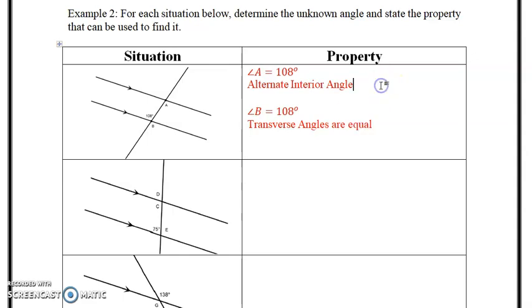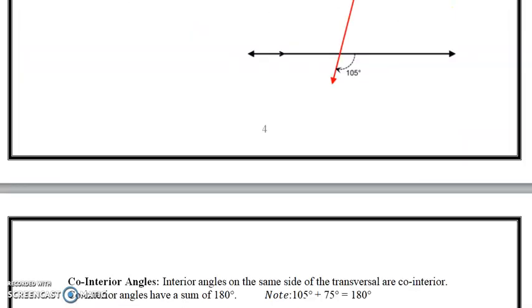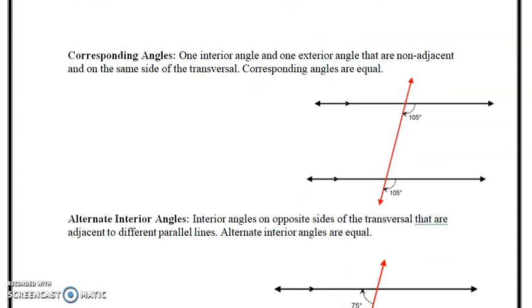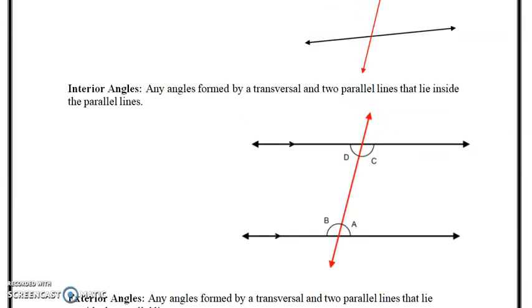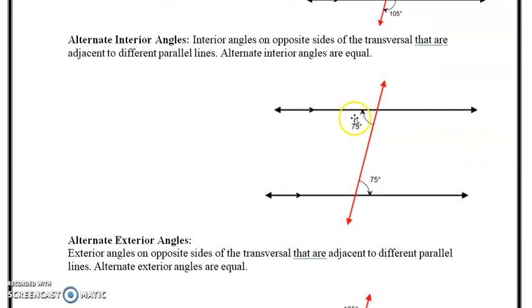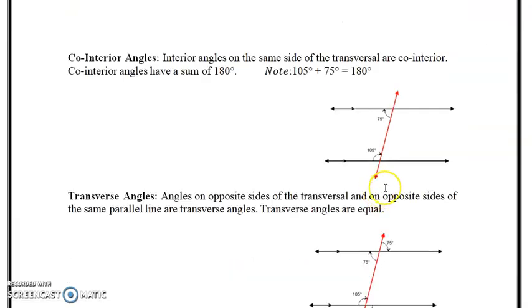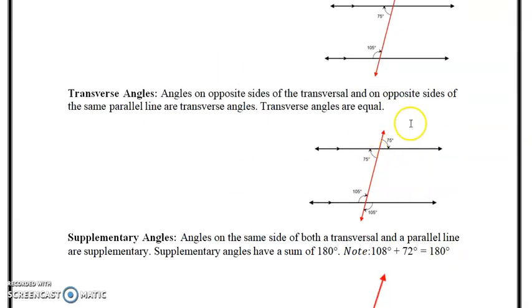You don't need to put the "are equal" in, obviously, but those are the two properties. And again, they can be found on the first couple of pages: alternate interior angles are equal, and transverse angles are equal.